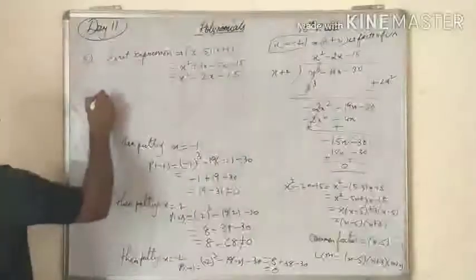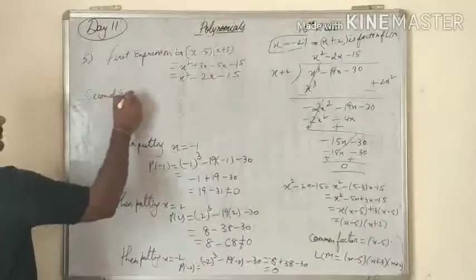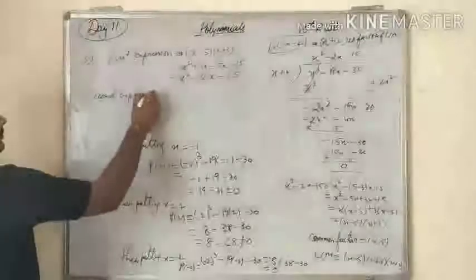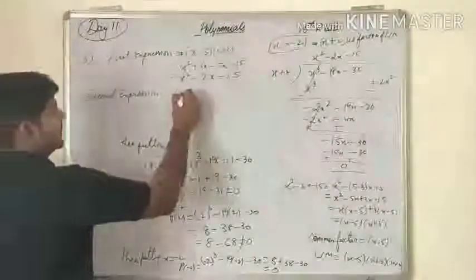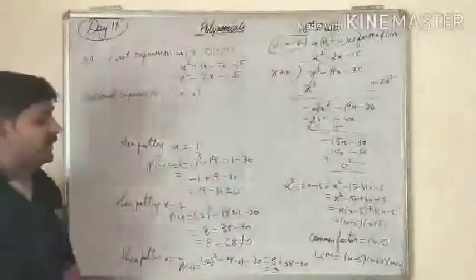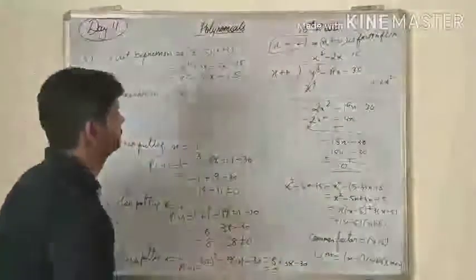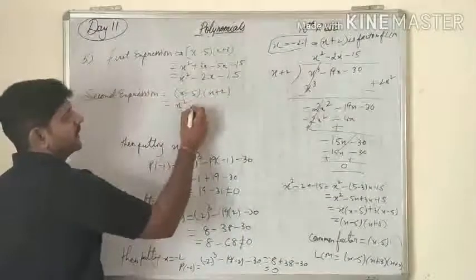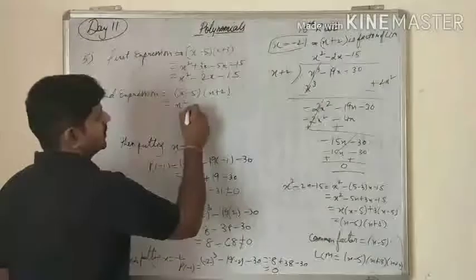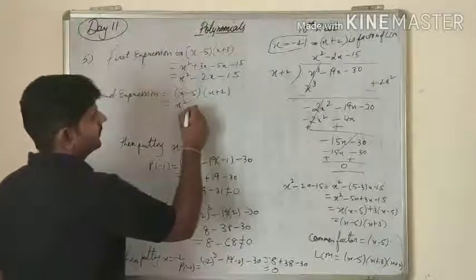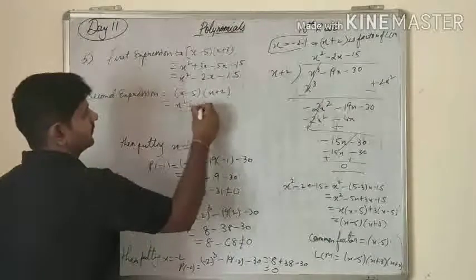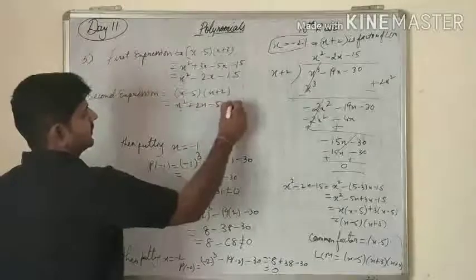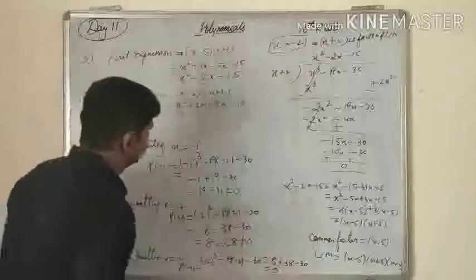Now the second expression, in which x minus 5 is common, and the rest is x plus 2. If we multiply, x square, plus 2x minus 5x, and minus 10.